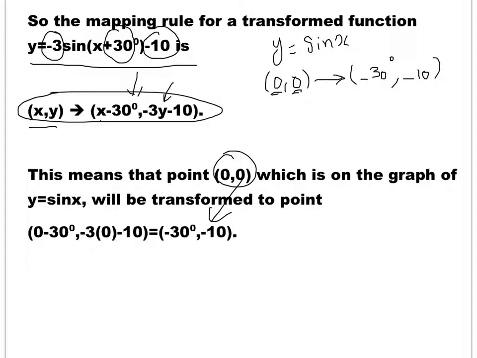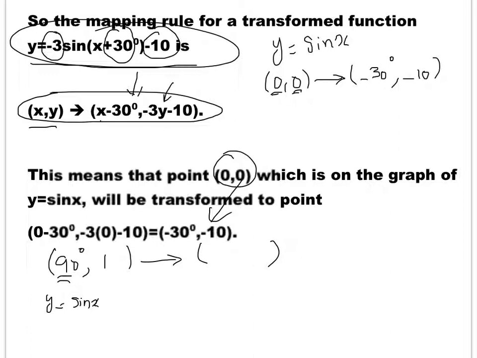Just to make sure you understand it, let's say x is 90 degrees. Tell me what is y and what is the transformed point. The base function, again, is y equals sine x. If x is 90 degrees, I'm going to use the calculator. Sine of 90 is 1. Now I have the point (90 degrees, 1) on the base graph, and I want to find the corresponding point on the transformed graph.